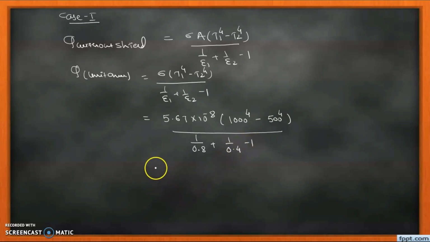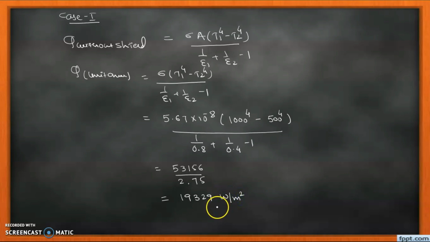So finally, by simplification, we get 53156 divided by 2.75, and we get the answer that is 19329 watt per meter square.